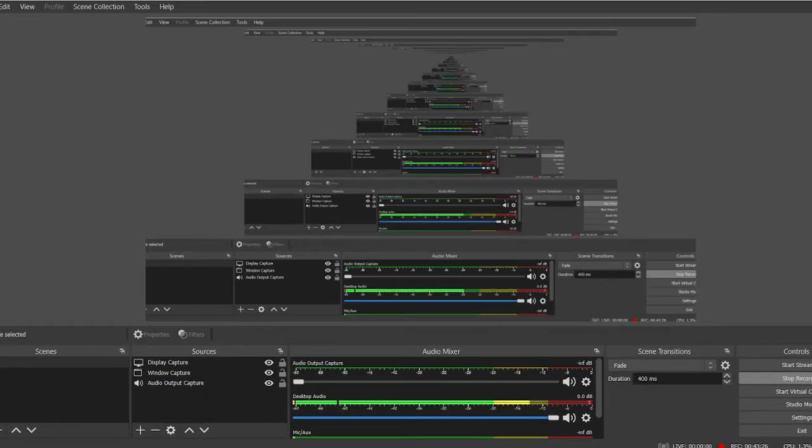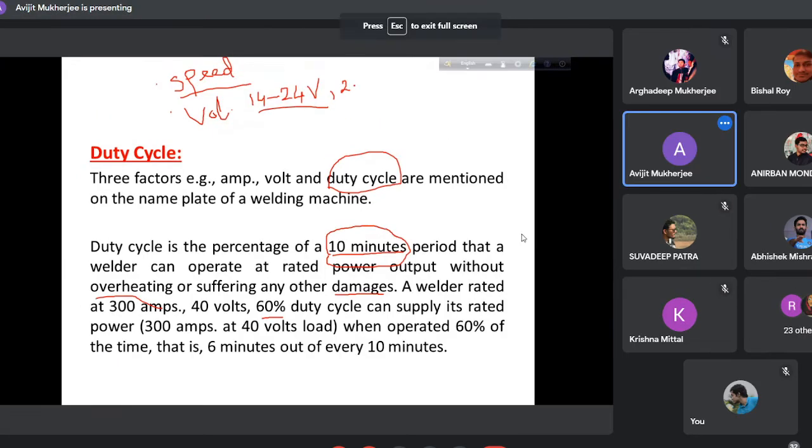But this is 20 to 40 volt for semi coated and coated electrode. More voltage is required for coated electrode.